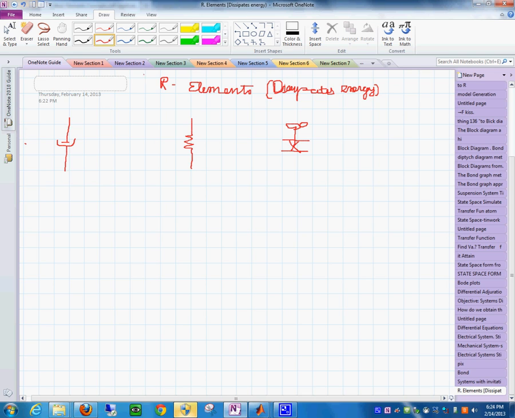So let's write down the variables that we see here. On this element, you could have a force applied.